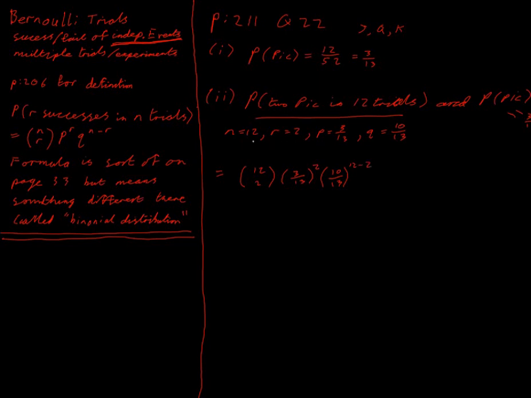If we are running the trial 12 times and we want to have 2 successes, we should have 10 failures. And we are going to multiply that by the probability of getting a picture card on our 13th go, on our 13th trial. So we must get 2 picture cards in the first 12 trials and get a picture card.